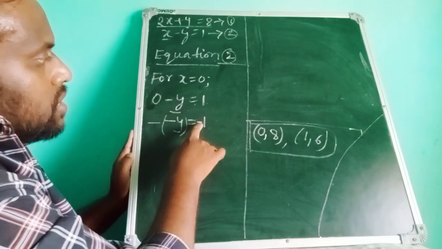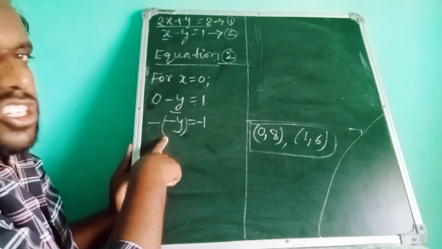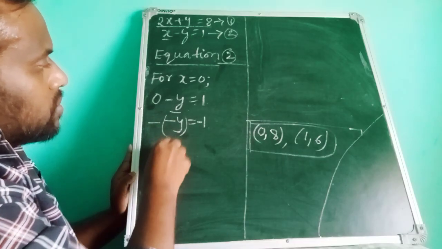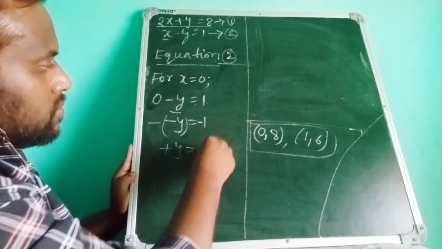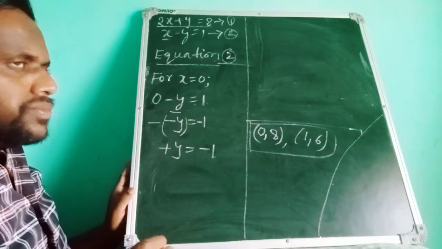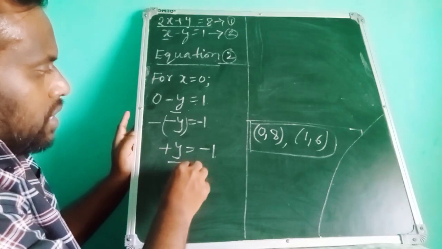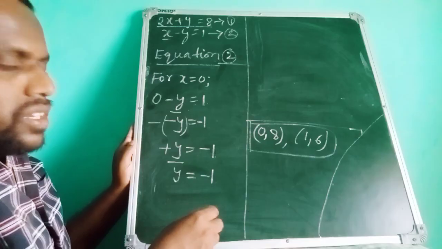Bracket means it's like into. So minus into minus y is equal to minus 1. Next step, instead of plus y, I will just write y is equal to minus 1. Plus y, just y, both are same.